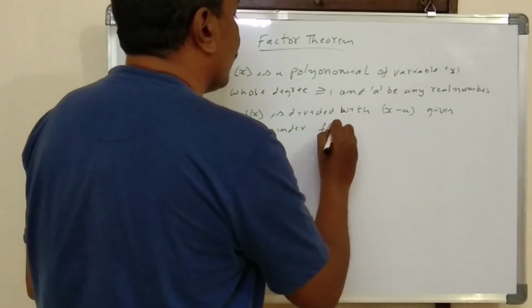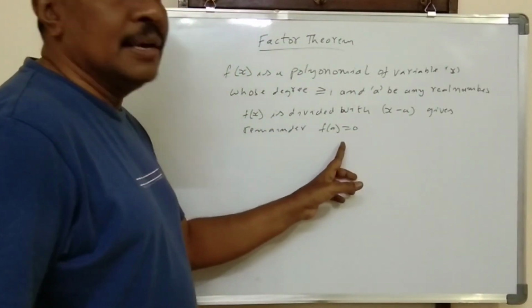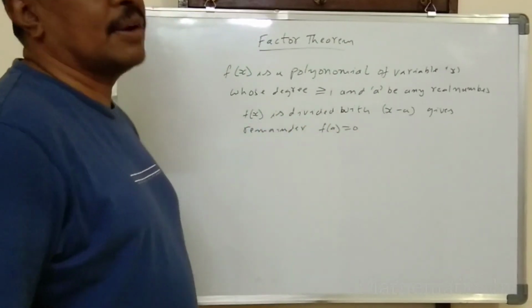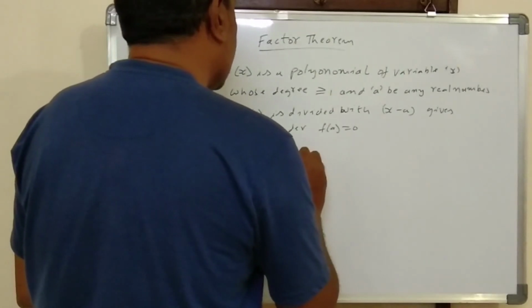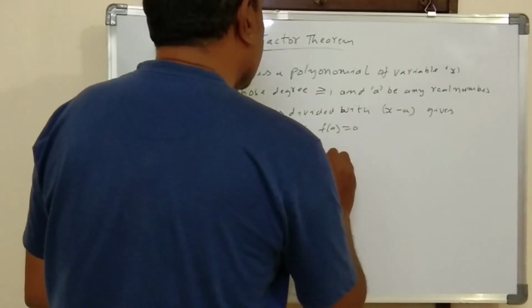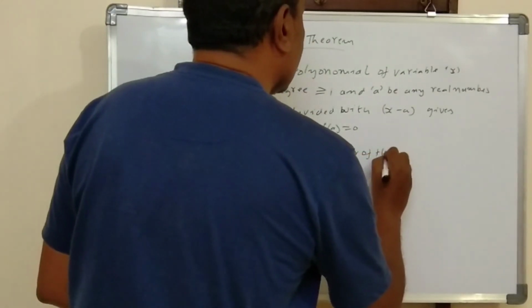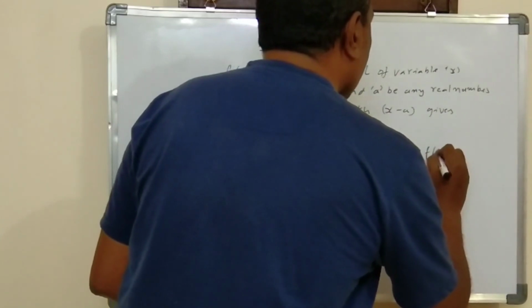The remainder is f(a) is equal to 0. That means the remainder f(a) is equal to 0. Then you can say that x minus a is a factor of f(x). Here two things. The first thing is x minus a is a factor of f(x) if f(a) is equal to 0.